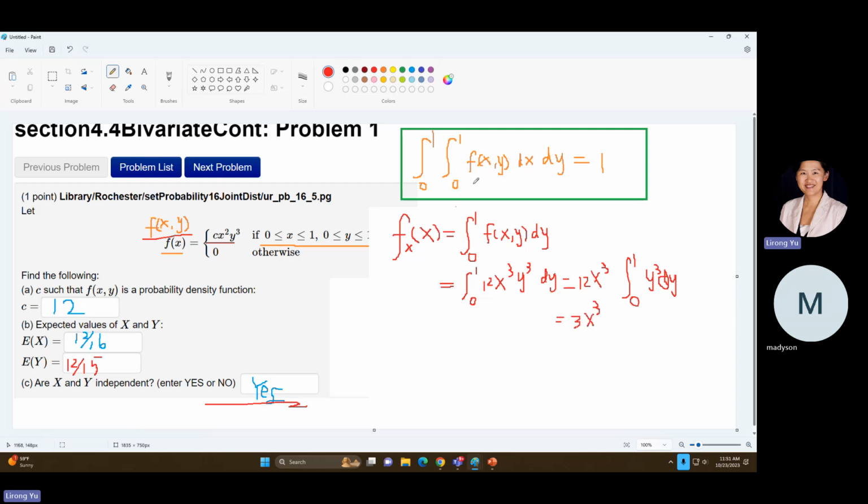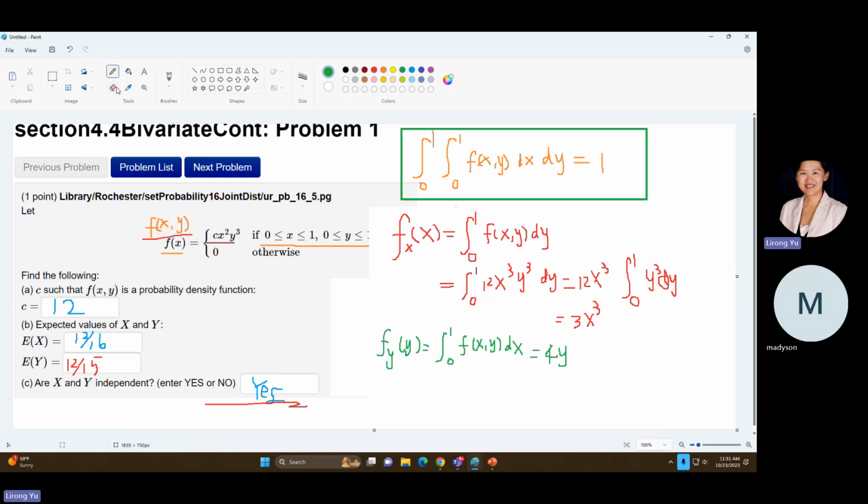And we do the same. You can calculate the marginal distribution for y. It's going to be 0 to 1 f of x, y dx. So if we integrate that one, you're going to get 4y to the power of, something is wrong here.